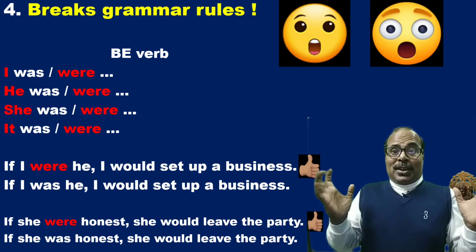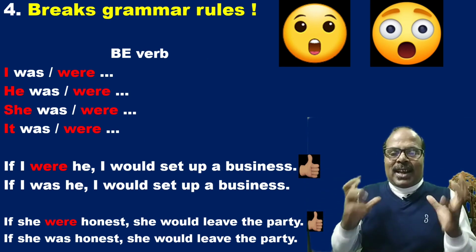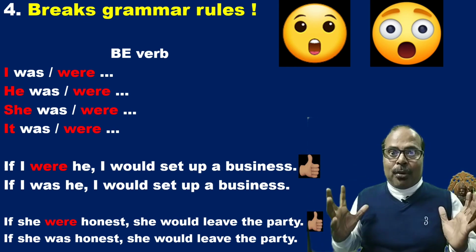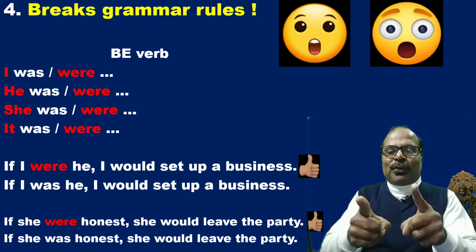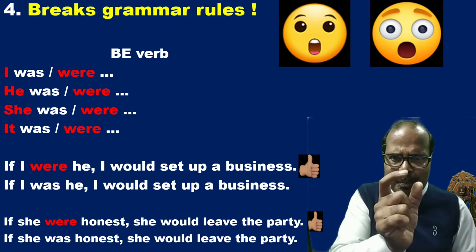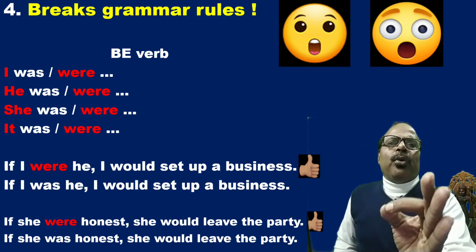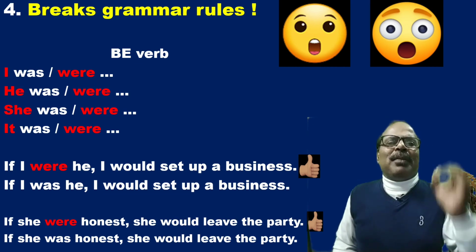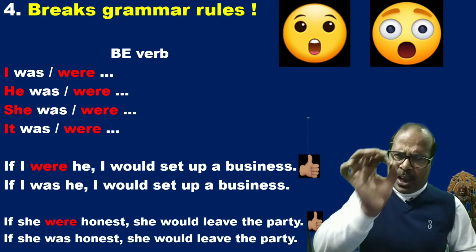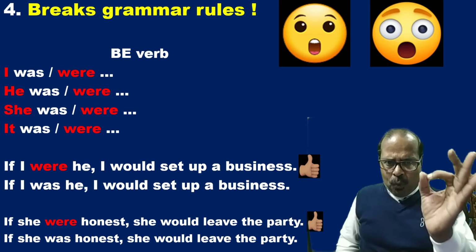And the most important one, second conditional sometimes breaks the grammar rules. Wow! It does not follow the conventions. In the case of be verb, generally, the grammar rule in connection to be verb is, after I, he, she, it or any singular subject in past tense, was is used.